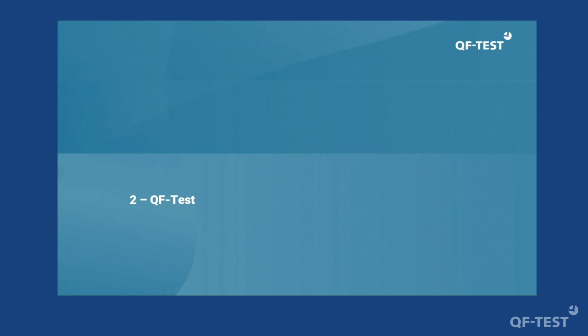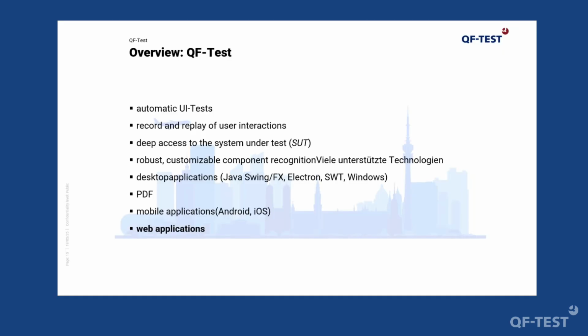And well, for this, we developed something at QFTest. I'm going to start with a short overview about QFTest. I think most of you know QFTest already. But just in case you don't, we're doing automatic UI tests.